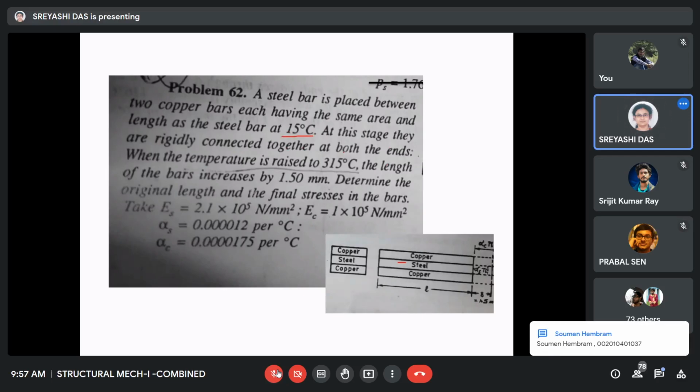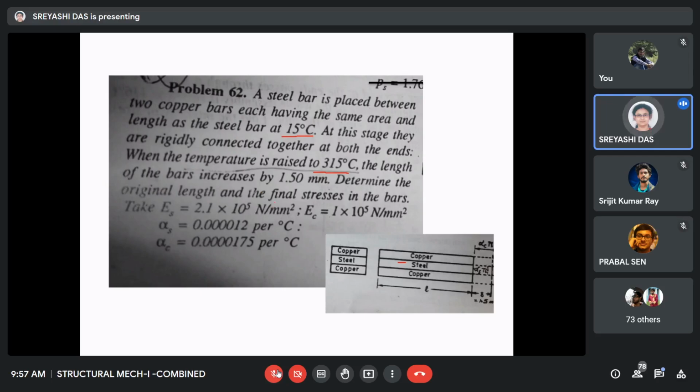At this stage, they are rigidly connected together at both ends. When the temperature is raised to 315 degrees centigrade, the length of the bars increases by 1.5 millimeter.